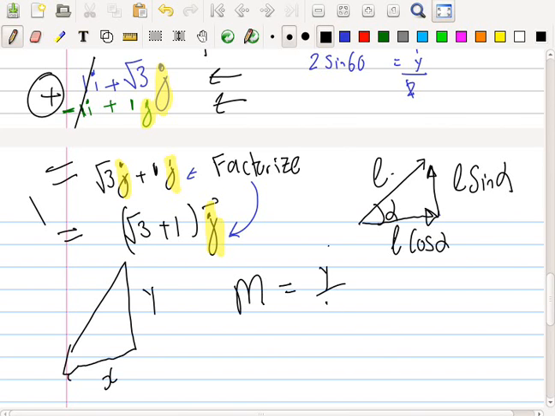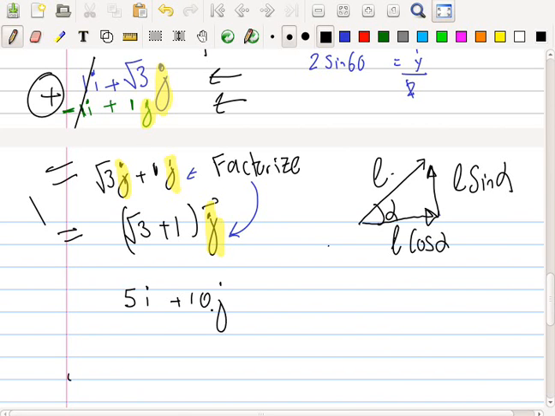So if two vectors are parallel, it means that y over x is the same. For example, I'll write two vectors down, and you tell me if they're parallel. 5i plus 10j and i plus 3j, are these parallel?